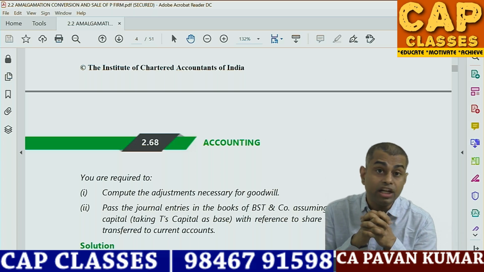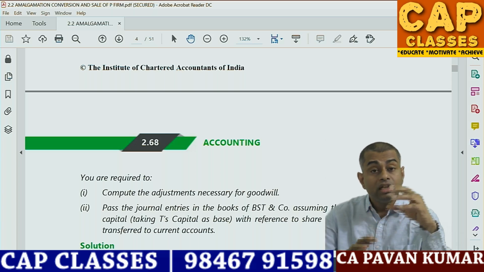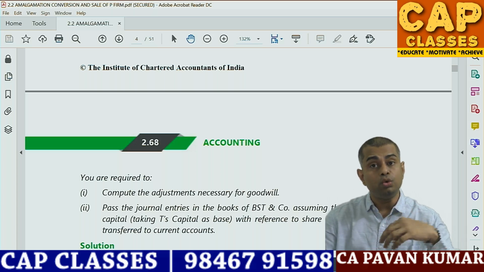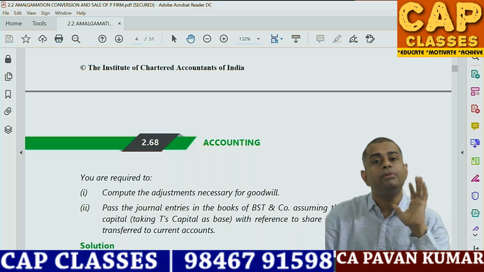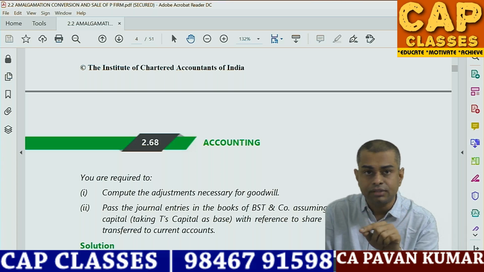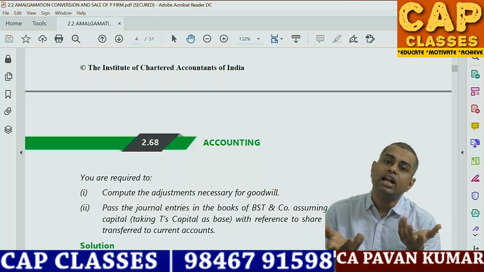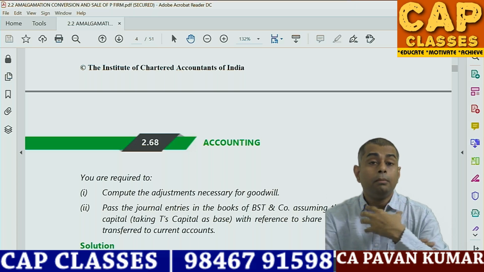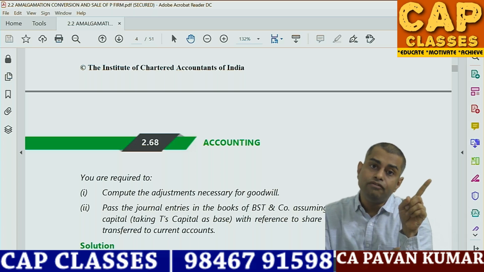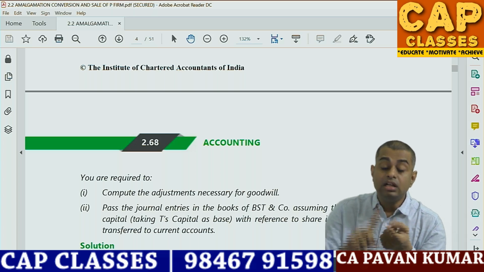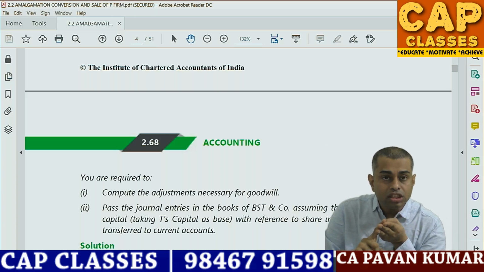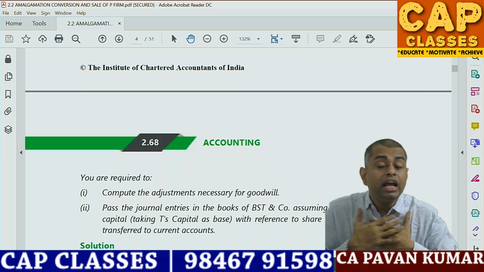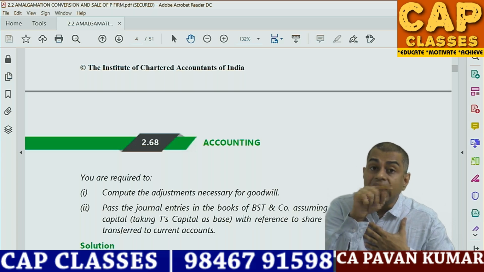In some problems they'll tell you the partners are to bring necessary cash or to take surplus cash in their capital accounts. Then you will write to cash. Because they said transfer to current account, we'll transfer it to current account. Just try to understand. My capital in the old firm, my capital, reserves, revaluation profits and losses, goodwill adjustments, all the things put together in my old firm books, 100 rupees is there.